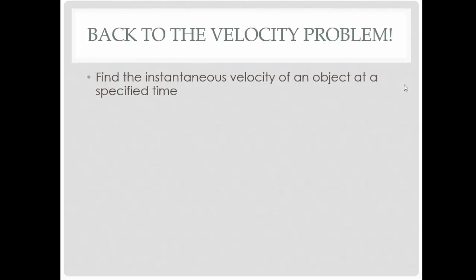We started this off by looking at average velocities. So what we did is we said, okay, we have a function, and instead of being an xy function, the independent variable was time, and the dependent variable was s, it was position.